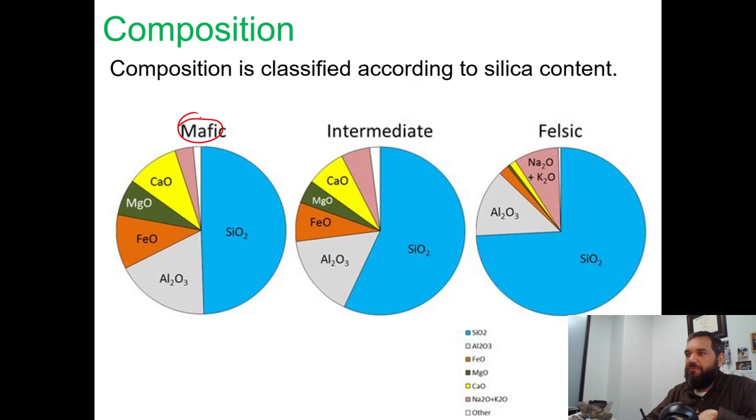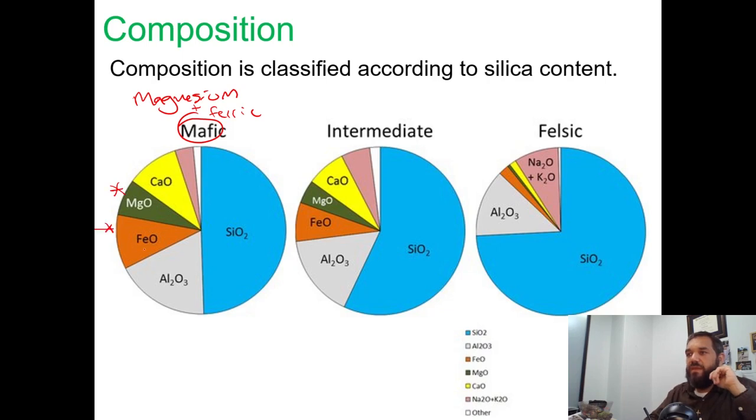Mafic igneous rocks comes from a conjunction of two words, magnesium and the Latin word for iron, which is ferrum, or ferric. When you combine magnesium and ferric, you get mafic. Early geologists coined that term, and it's stuck for years and years. Mafic means heavy in magnesium and iron.